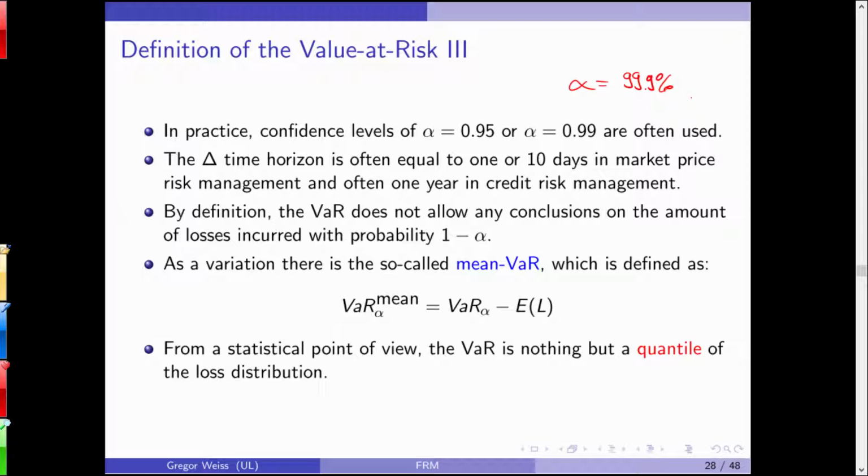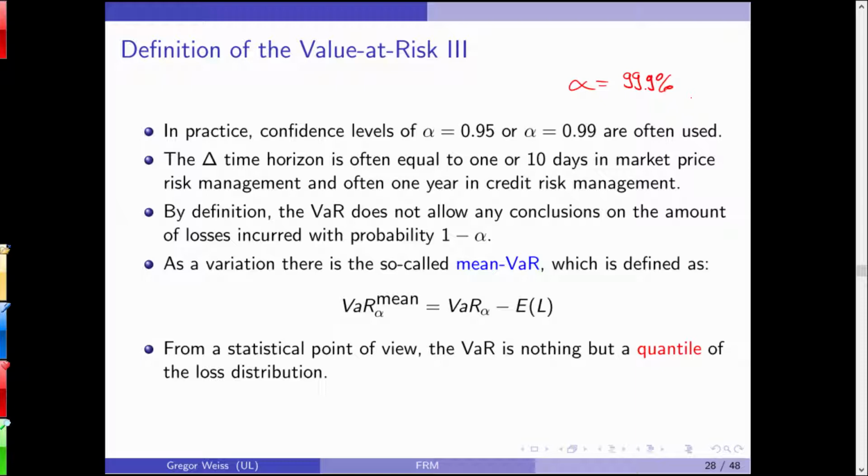If you take especially German textbooks on risk management and you look up the definitions of the value at risk, you will probably still find definitions that are slightly inaccurate when it comes to the wording. In German, they usually say, now we've seen that the VaR is the value of the loss that is only exceeded in 1 minus alpha % of all cases.